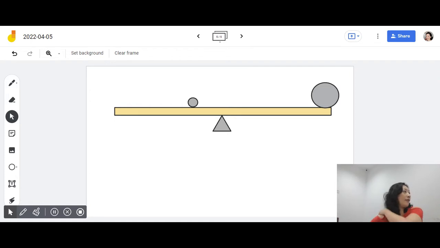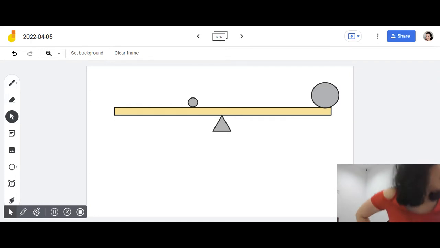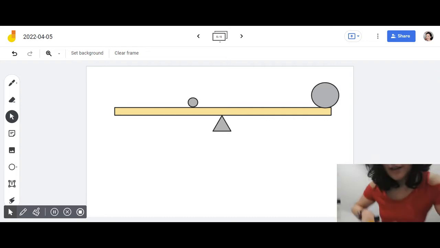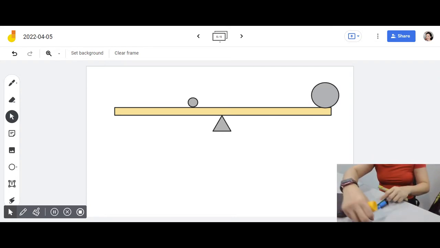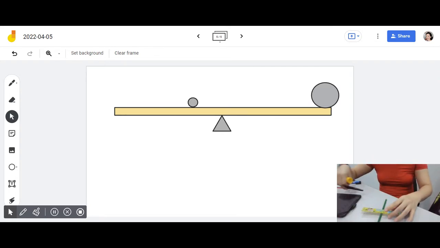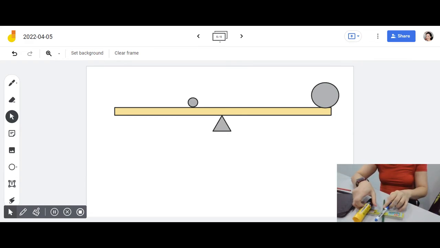Go and get your ruler. Does this center have a ruler? Okay, you try and see. Take the ruler, and if you take the heavier object and the lighter object and place them, how's it going to be like?